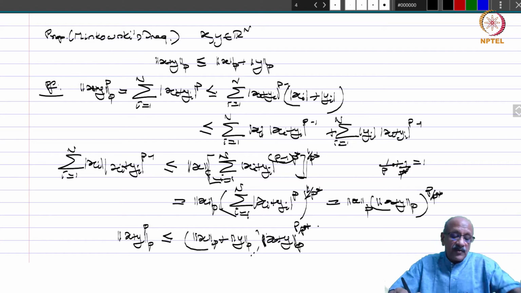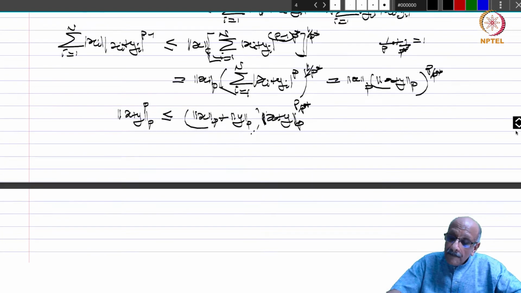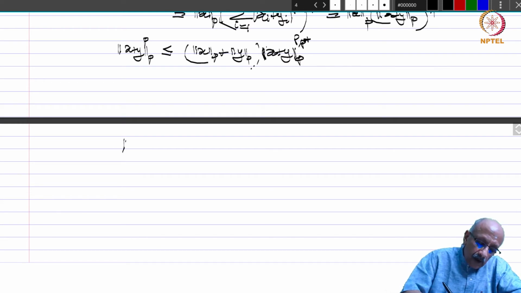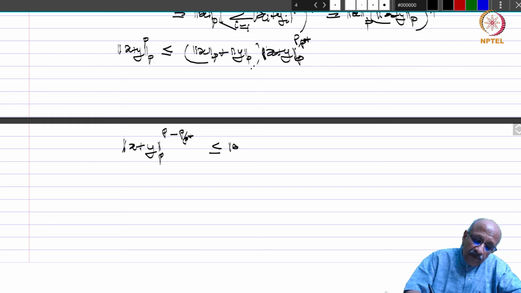Now if x plus y is 0, again we have nothing to prove in the Minkowski's inequality. Left hand side is 0, right hand side is non-negative, so it's obviously true. If x plus y is not 0, then we can divide by this, and therefore you will get norm of x plus y p to the power p minus p by p star is less than or equal to norm x p plus norm y p.